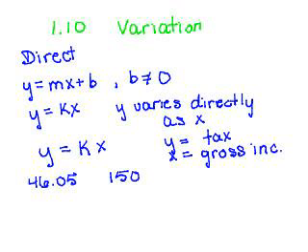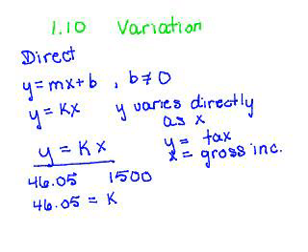So we want to come up with a model for this that gives the state income tax in terms of gross income. So in place of the tax in our equation here, we're going to put 46.05, and that's equal to some constant times the income. And our particular income in this instance is $1,500.